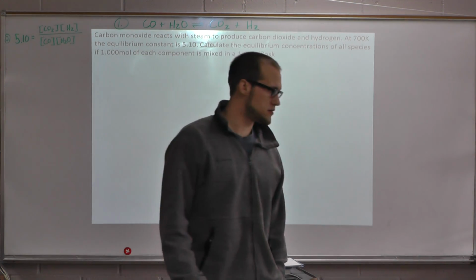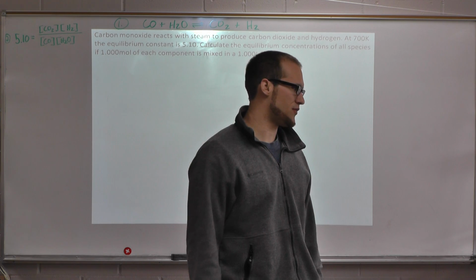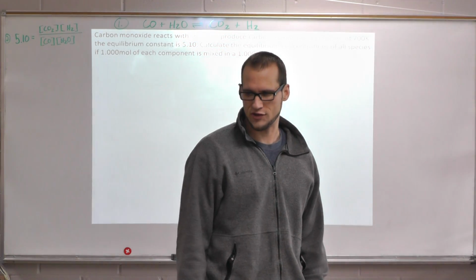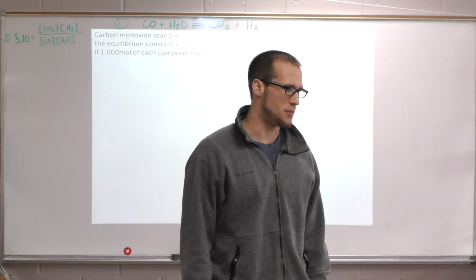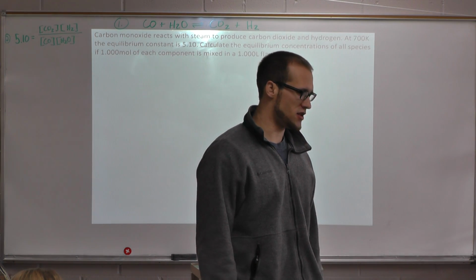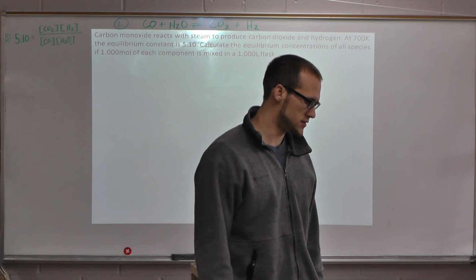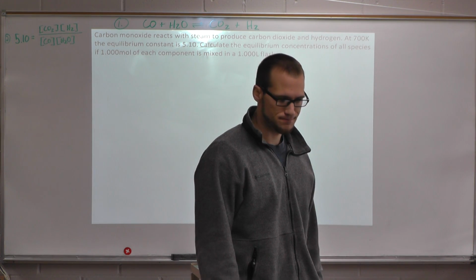Step 2, done. Whenever we're doing equilibrium stuff, those should be a no-brainer as your first two steps. Equation's got to happen because you have to be able to write your equilibrium expression, and then once you have your equation, write your equilibrium expression. Now what?